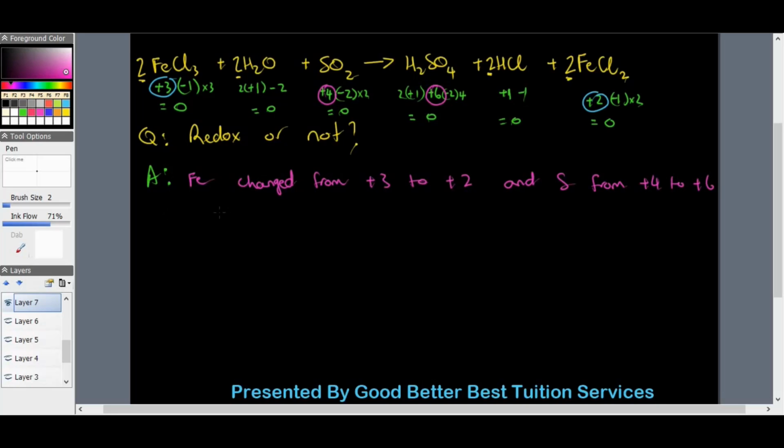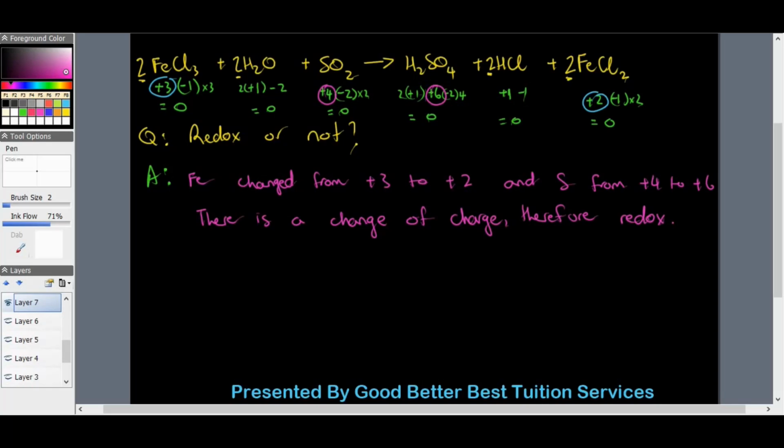Okay? Because there is a change of charge, therefore redox reaction. Done. Nothing to it. Alright?